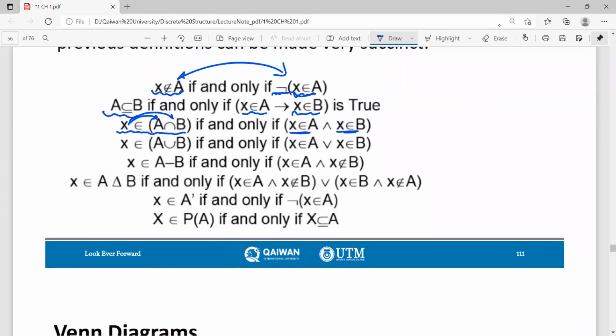For the union, X is an element in A union B if and only if X is in A or X is in B. That's either in A, or in B, or in both.